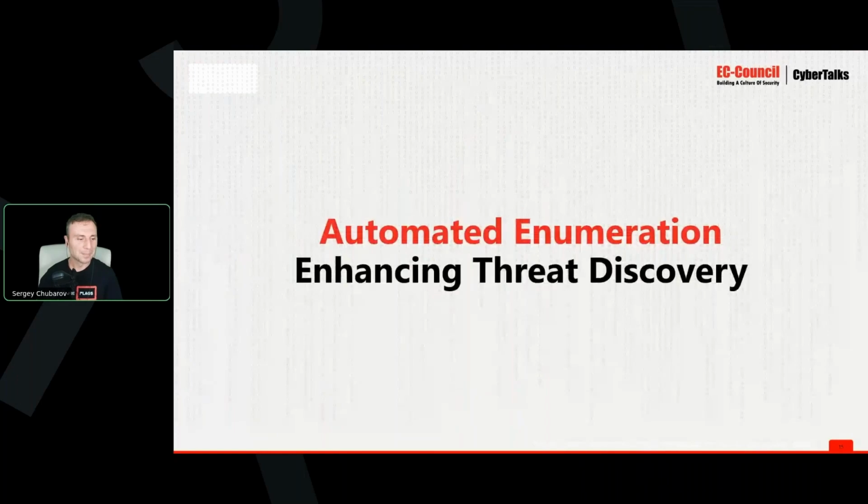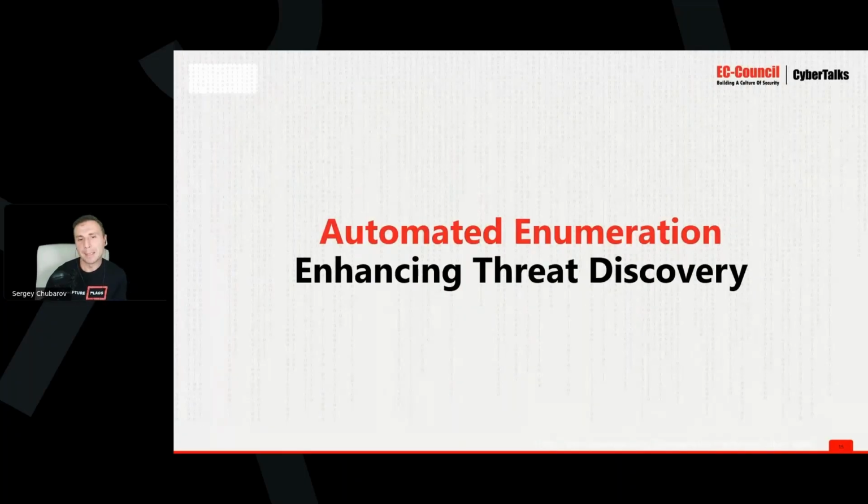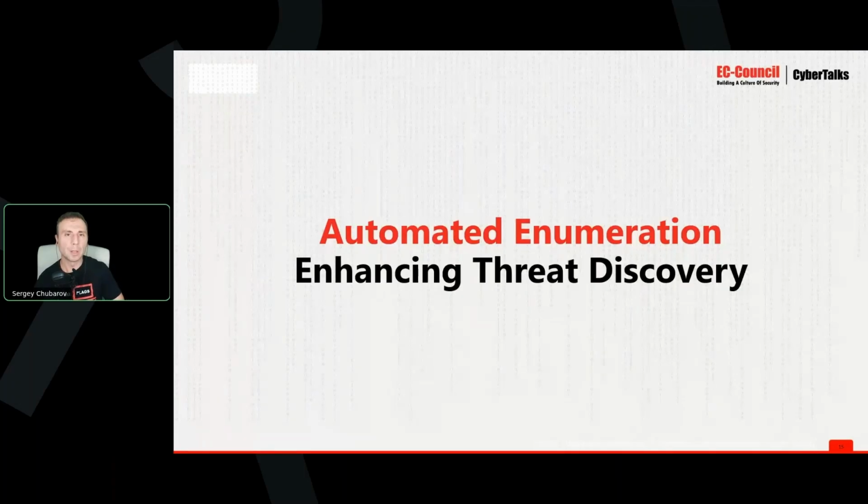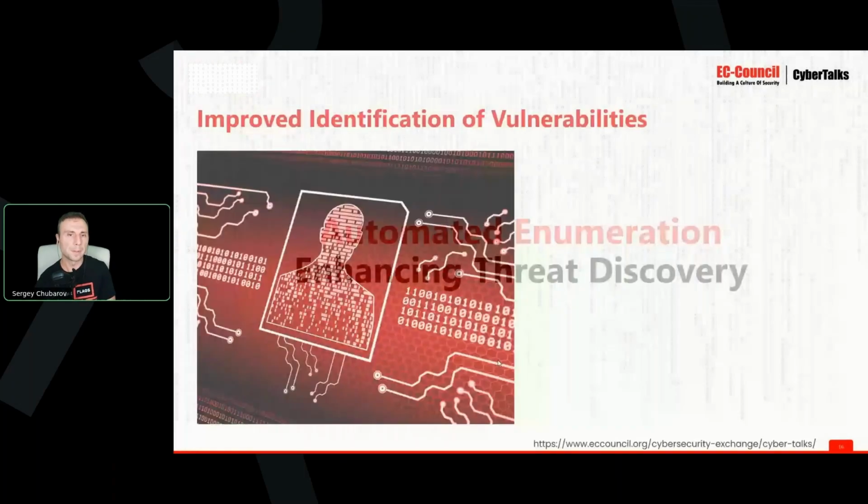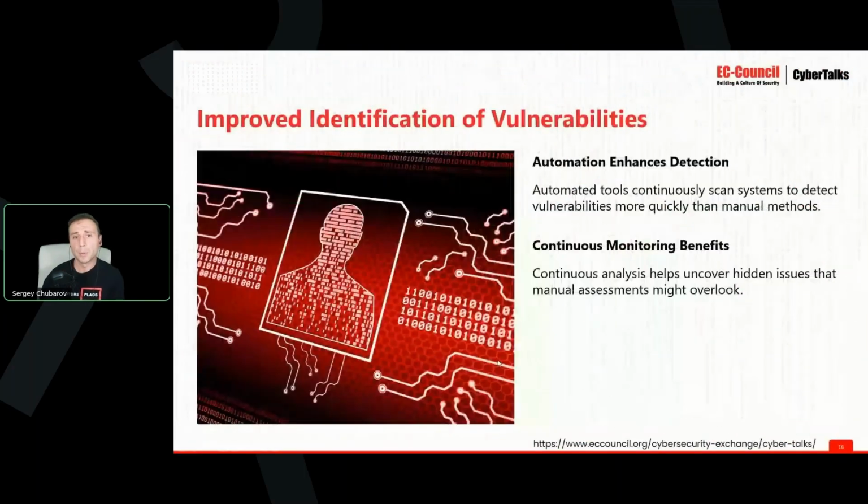All right, so let's take a look at what else we can do together with AI to enhance threat discovery. Before that, we mostly talked about enumeration of the services, but what about threats? With AI, we can continuously scan the system to detect vulnerabilities more quickly.